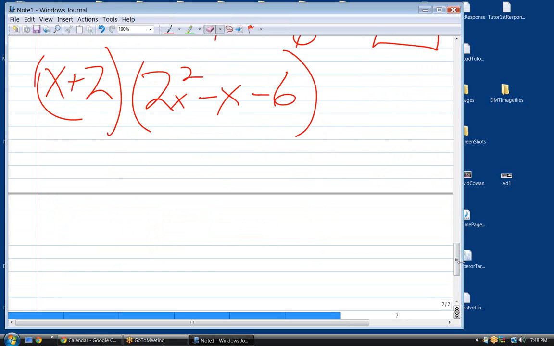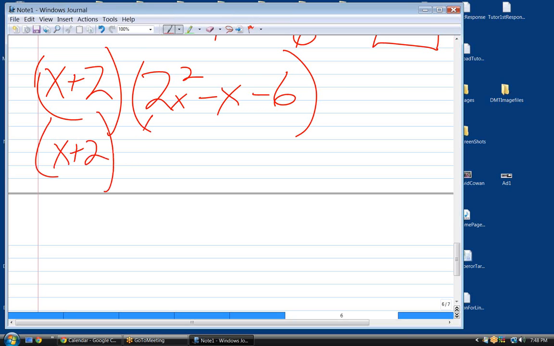We could try factoring it. Let's see if this factors into two things. What goes here and what goes here? Whatever goes there and there has to multiply together to give 2x squared.